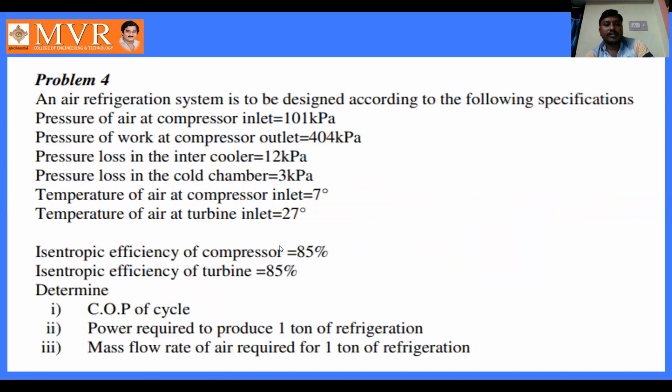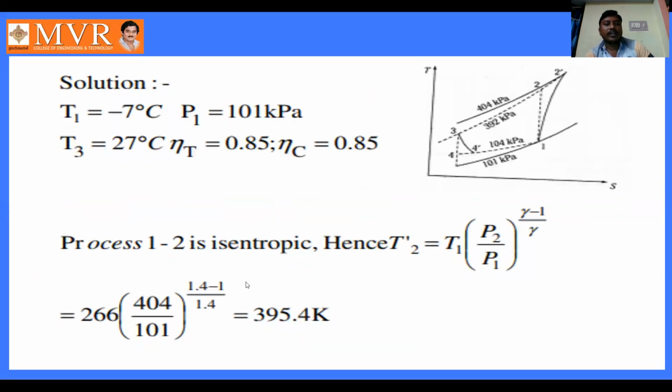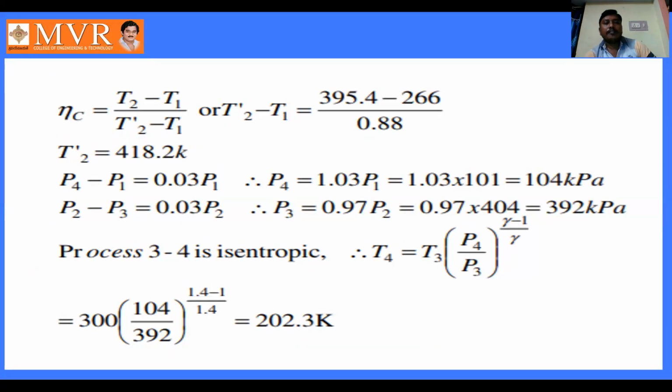We can observe that the isentropic efficiency of compressor is 85%, and isentropic efficiency of turbine is 85%. Hence we are taking it here as 0.88. After substituting all the values, we are going to get T2 dash equal to 418.2 Kelvin.